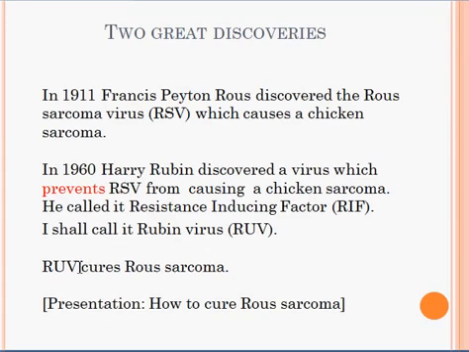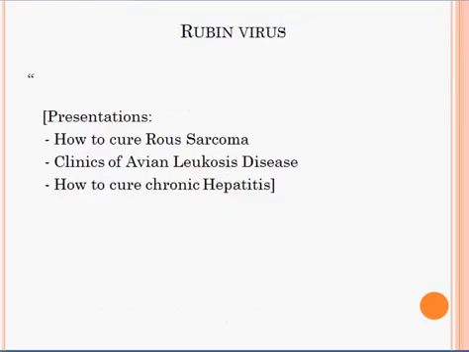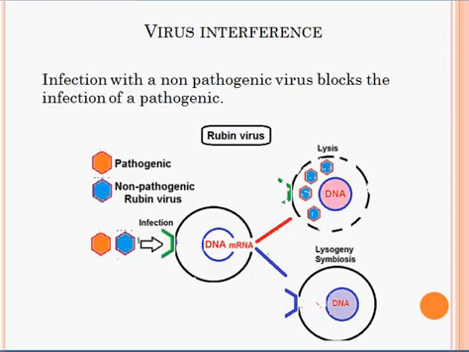And so what I describe here is that Rubin virus cures Rous sarcoma. In other presentations, I discuss viral interference, how to cure Rous sarcoma, clinics of avian leukosis disease, and how to cure chronic hepatitis. All these are based on interference between viruses.